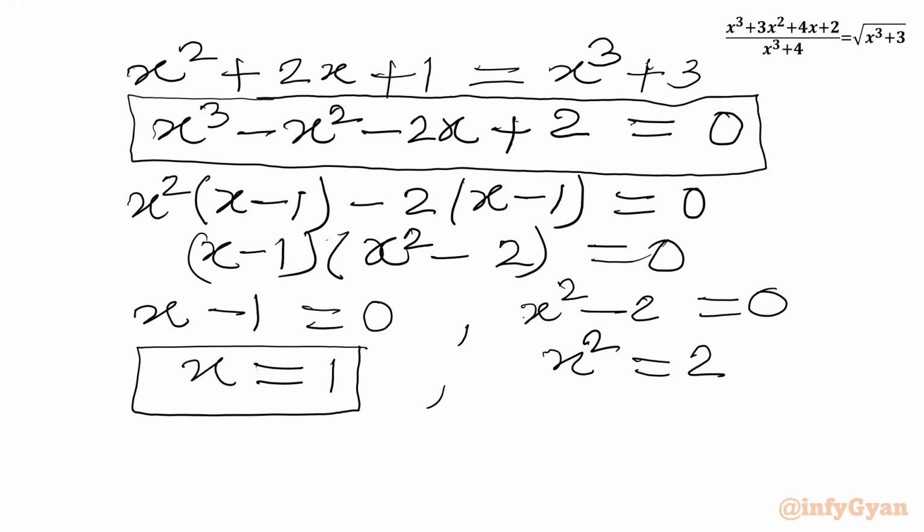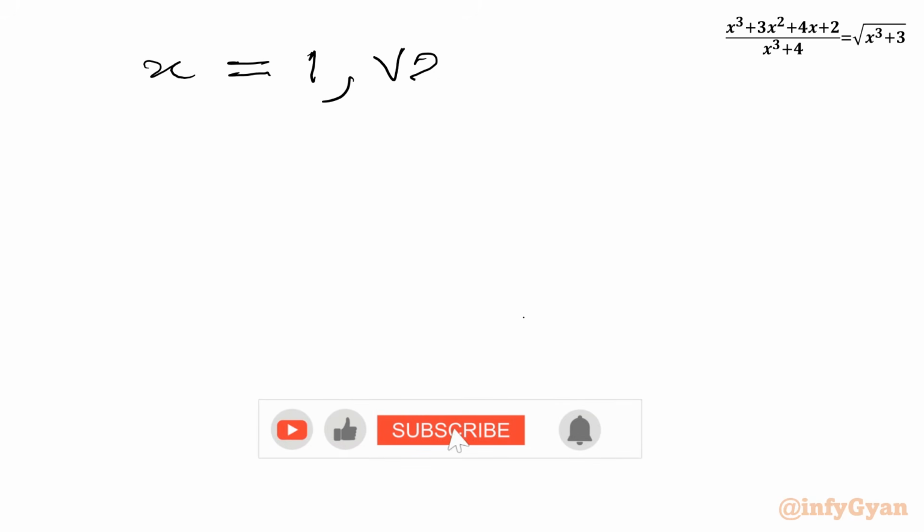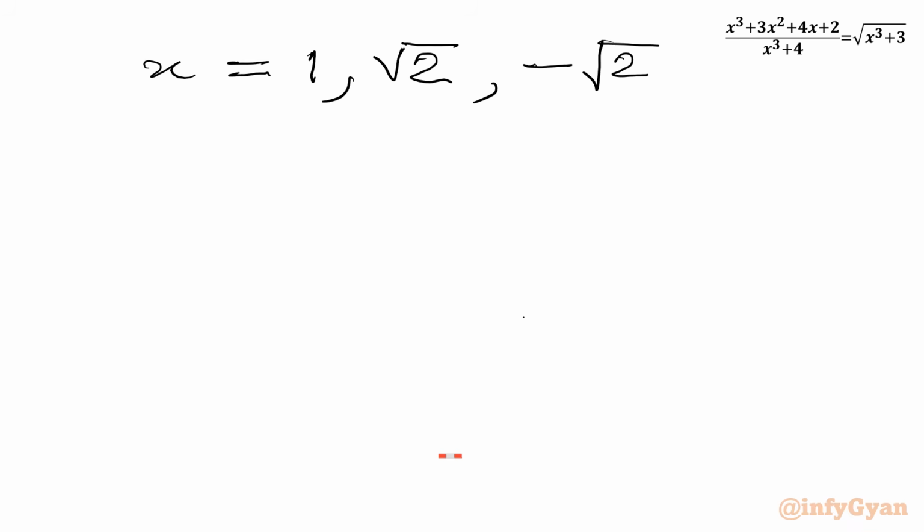Now we will take a square root both sides. We will be able to find x equal to plus minus square root 2. Now we have 3 real x: 1, plus root 2 and minus root 2. Let me write here x equal to 1, plus square root 2, minus square root 2.